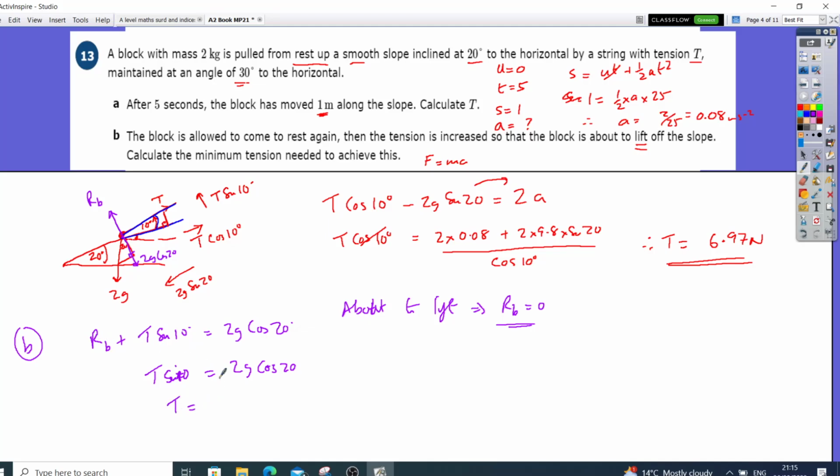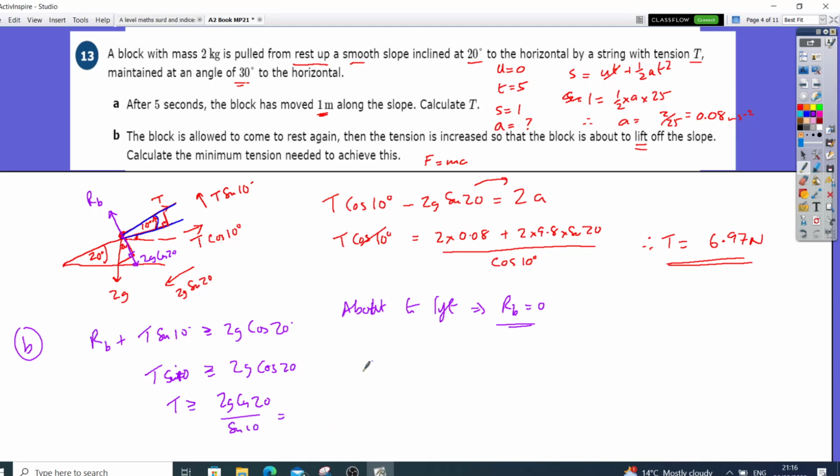So the tension needed, the minimum tension, so I'm going to say tension is going to be greater than or equal to, for this to happen. Okay, so you get the minimum tension. We can find out the minimum tension, because obviously if that's really high, it'll lift up anyway, so we need to find what is the minimum to cause this. So that will be 2g cos 20 over sine 10.